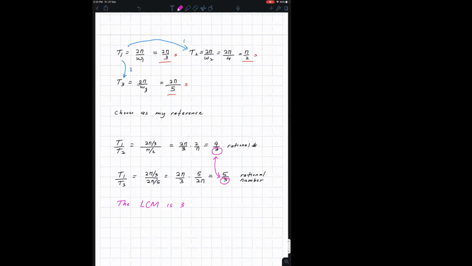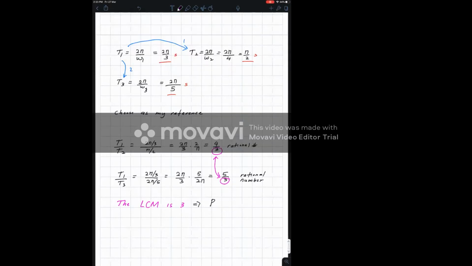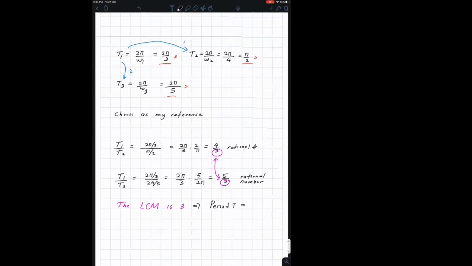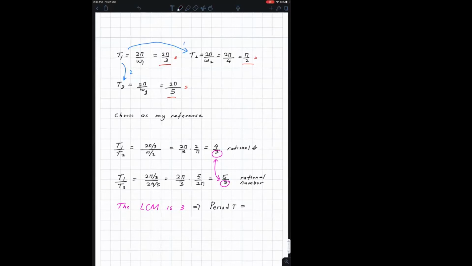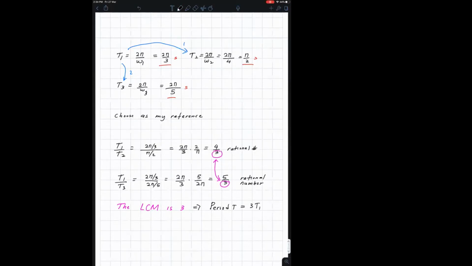So the period T is just going to be 3T1.